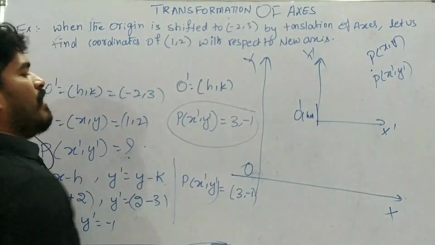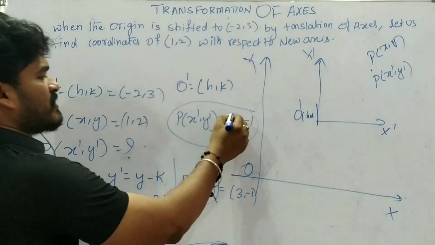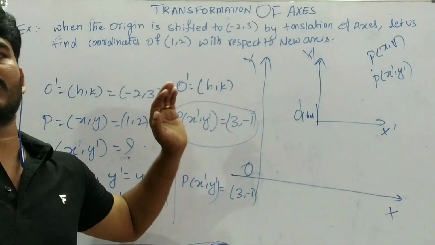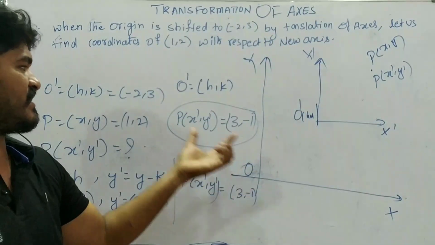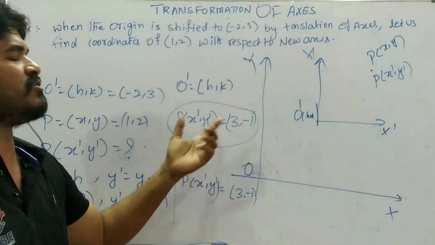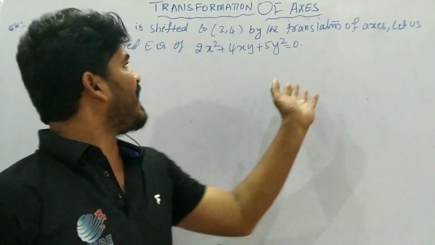This is the answer. Your question is, whenever the origin point is changed, you are asking for the new axis point. That's why P(x dash, y dash) equals (3, minus 1).